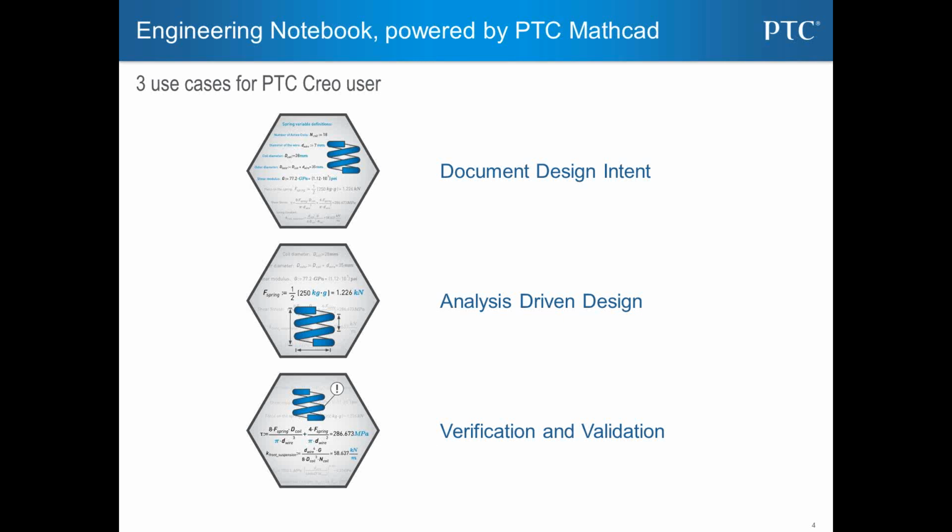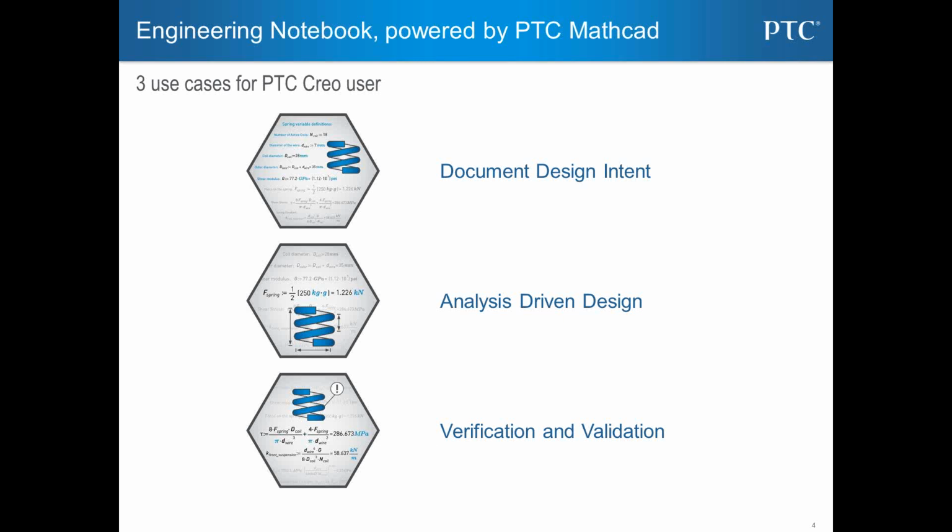The first is simply documenting design intent. So in this integration, I'll show this in a couple minutes, you can embed a Mathcad worksheet within a Creo model. The Mathcad worksheet could simply be a 5-page document. Maybe it's from the manufacturer that the part has come in from, explaining what the part is.